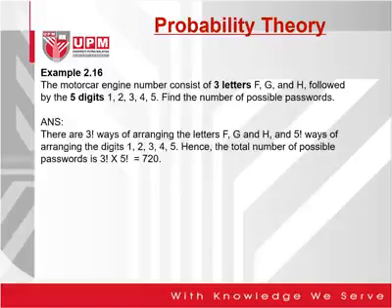Since there are 3, it's 3 factorial. How about 5 digits? It's 5 factorial. So 3 factorial multiplied by 5 factorial is the total number of ways to arrange 3 letters and 5 digits in different ways. Remember, we multiply them in this case. 3 factorial multiplied with 5 factorial is equal to 720.